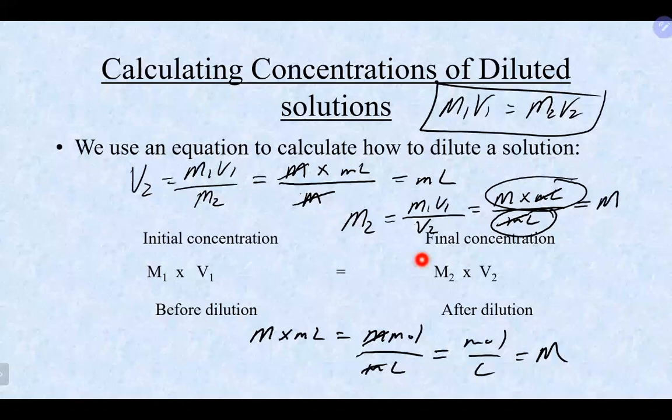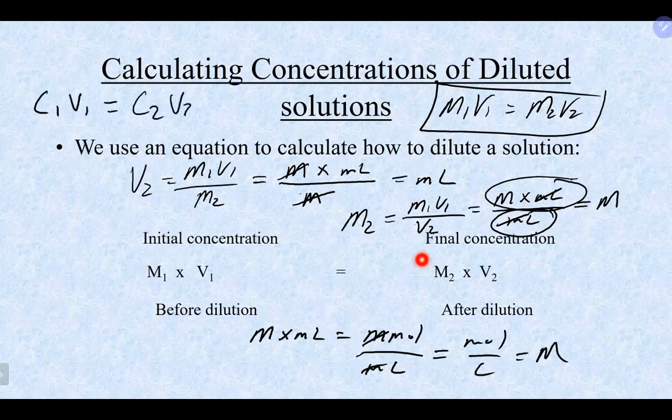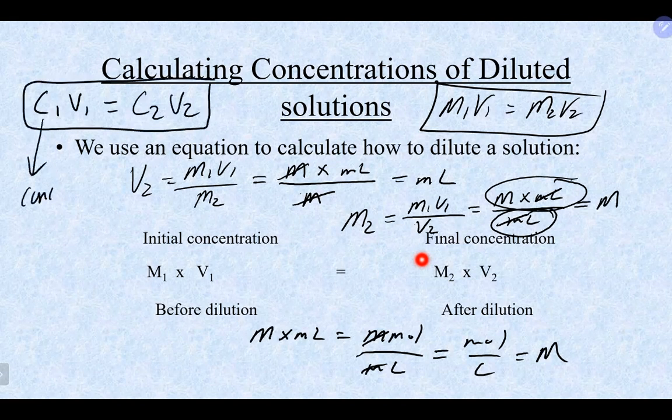There is also sometimes a generic version of this equation that books and people use, which is C1V1 equals C2V2. C here is just a generic concentration unit, because technically speaking, you don't have to use molarity in this equation. You could use percent mass to mass like we did earlier, or percent volume to volume on both sides.